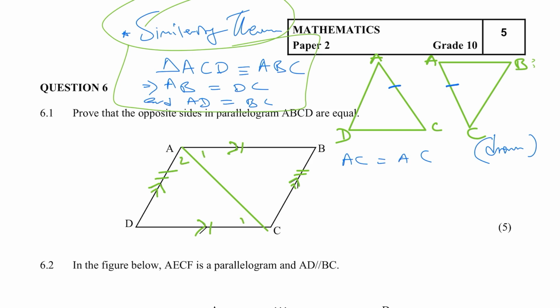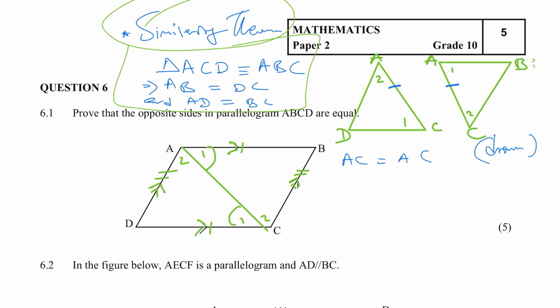Let's call this 1 and 2. So angle A1 and angle C1 are equal. If this is 2, this is 1, this is 1, this is 2.